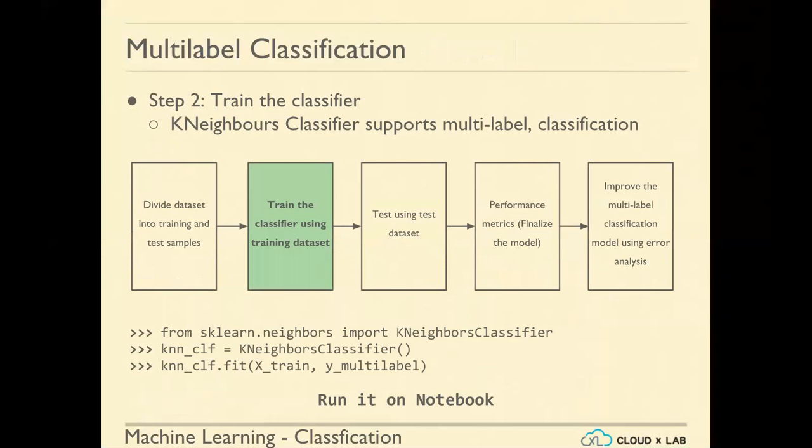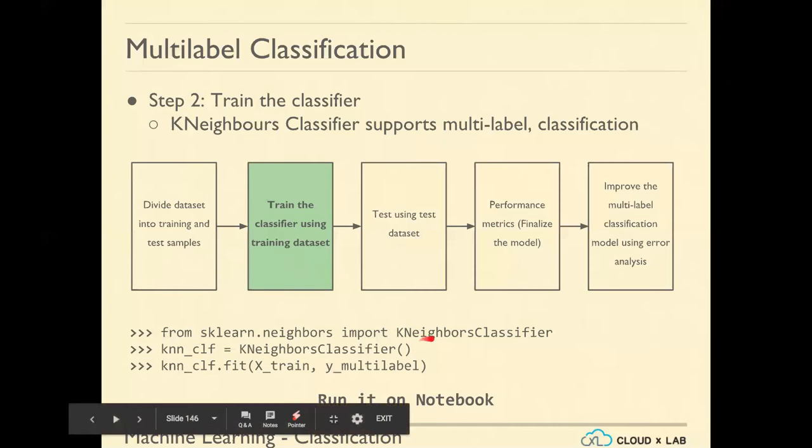Now is the time to do the training. For multi-label classification, we generally use the k-neighbor classifiers, and we'll go into more details when we talk about training models. Here we are importing the k-neighbor classifier, which also has the same fit method, and this is where we are training them.